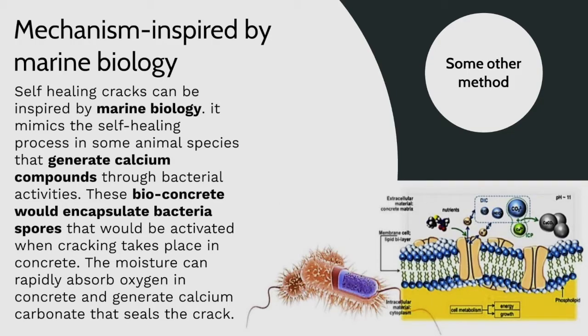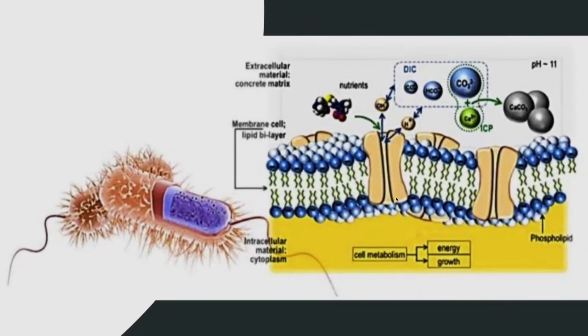So if you see here, this is the bacterial activity. This is the cell membrane. This is the calcium compounds. When they are exchanging the ions here, or in the cement process we call hydration, they will create this calcium compound.